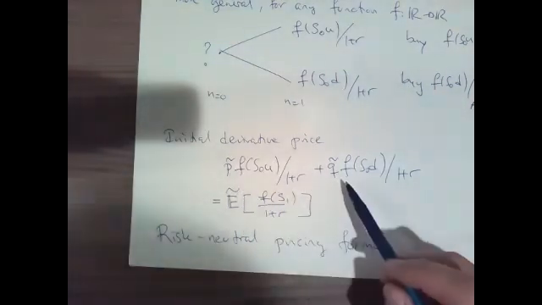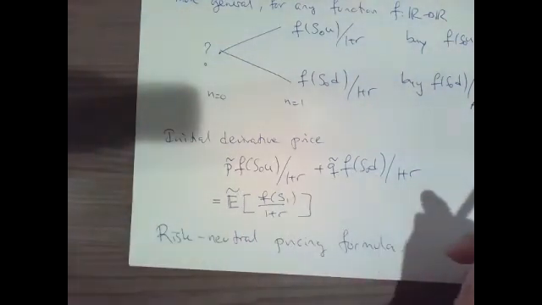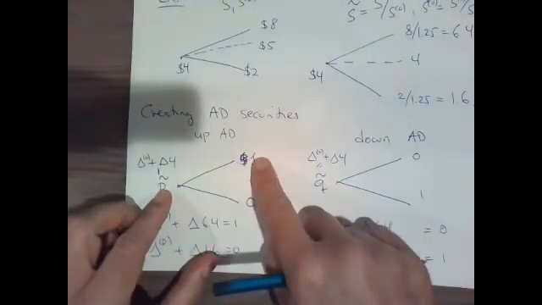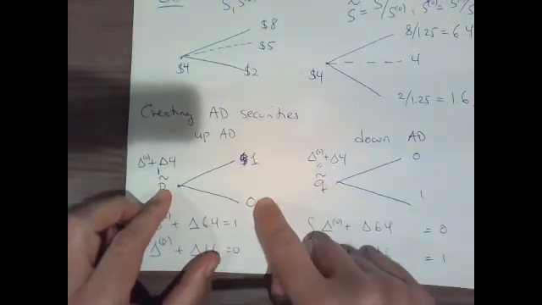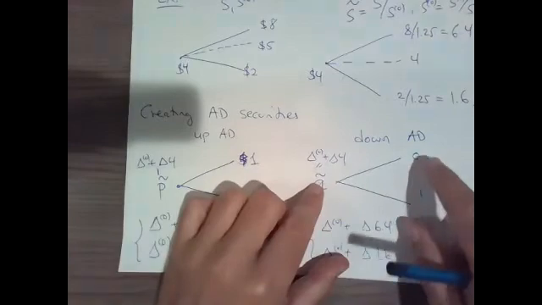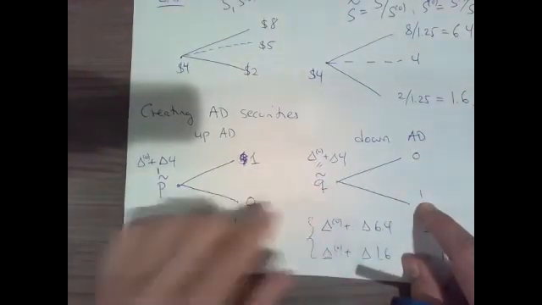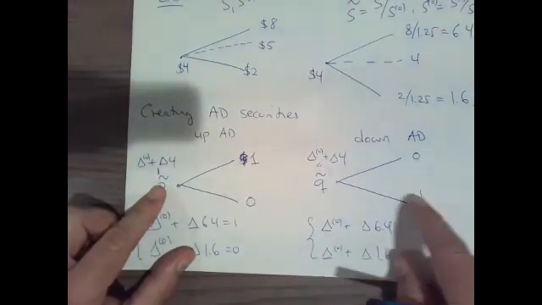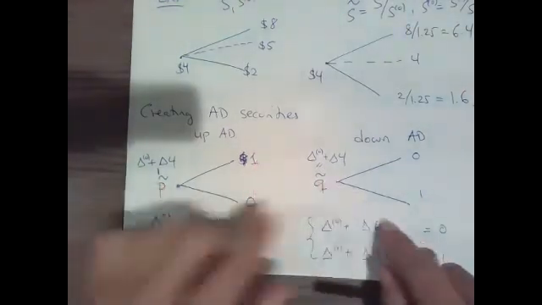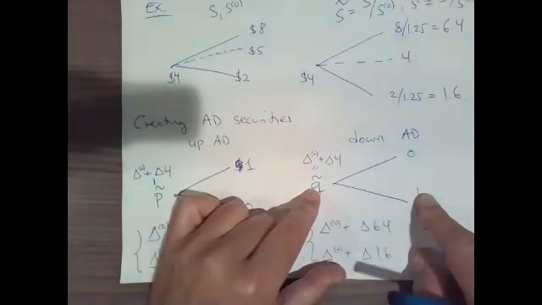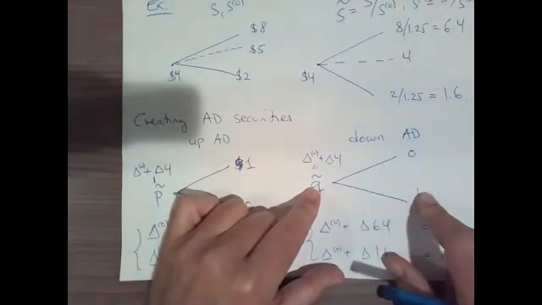P tilde and Q tilde, those were the initial prices. P tilde and Q tilde were the initial prices of getting 1 in the upstate and 0 in the downstate, as well as getting 0 in the upstate and 1 in the downstate. Right? That's the value at time 0 of getting this payoff at time 1. We agree on that?